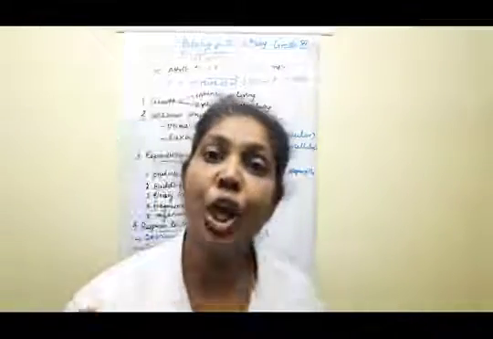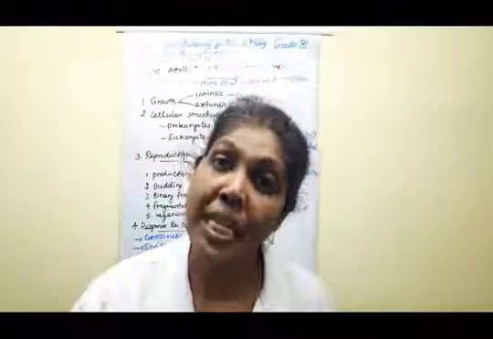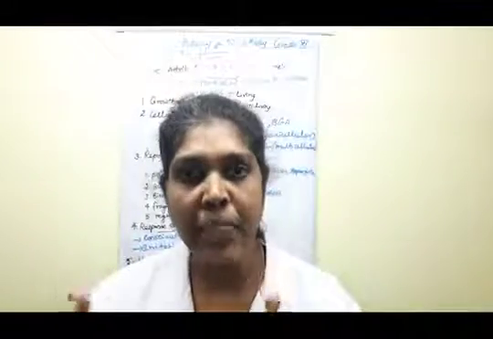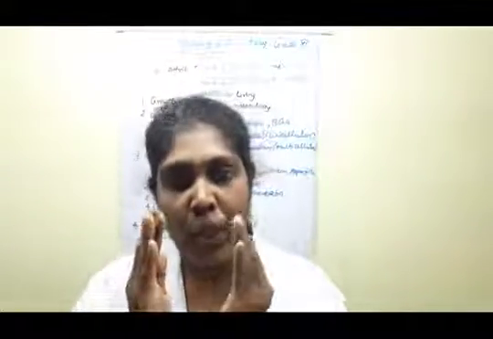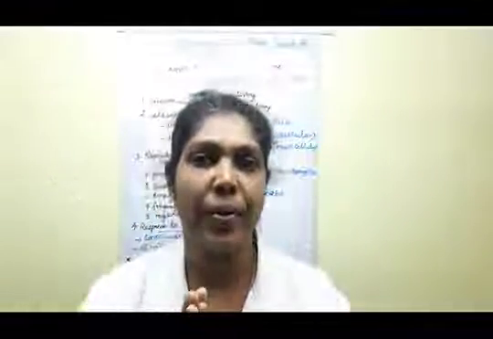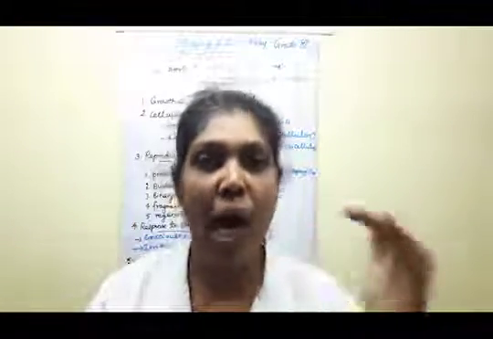One is consciousness and another one is irritability. All of you listen carefully. First, consciousness means the animals sense their surroundings by a sense organ.